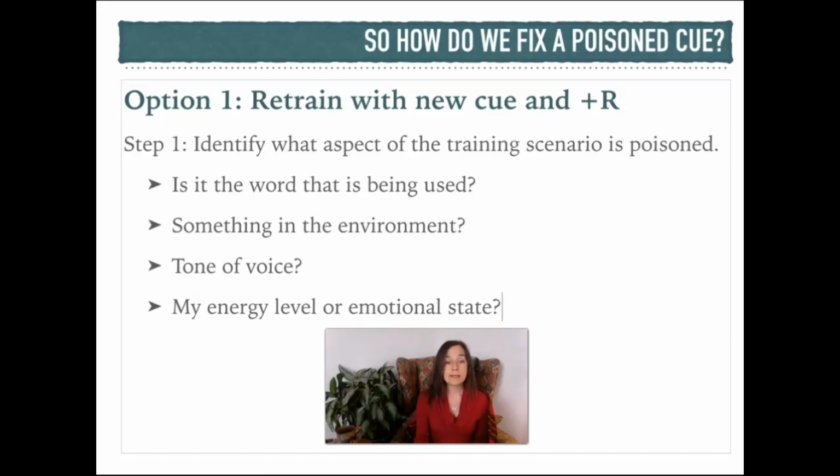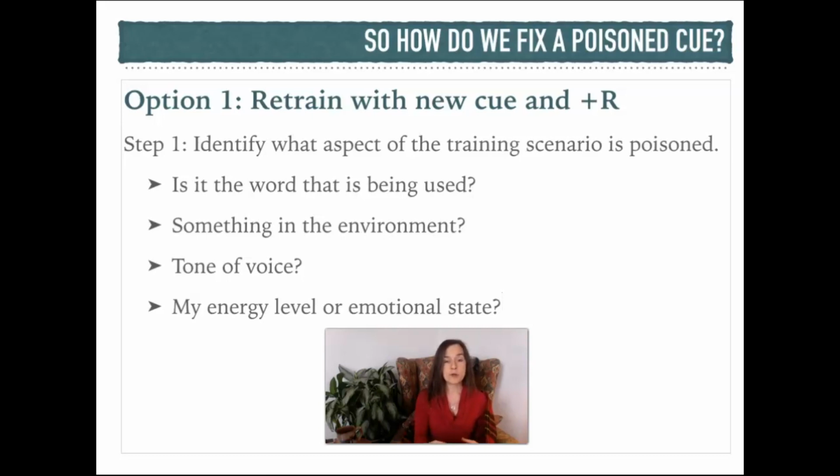I know in some cases, for example, if you're competing in certain types of sports where you have very specific cues you have to use, you will need to bring them back into your training. But you can maybe use them with a different tone of voice. You can pitch it differently. You can pronounce it differently.